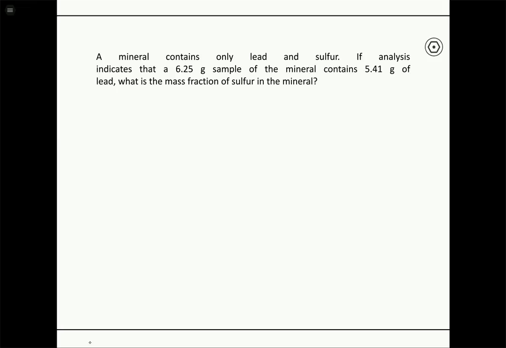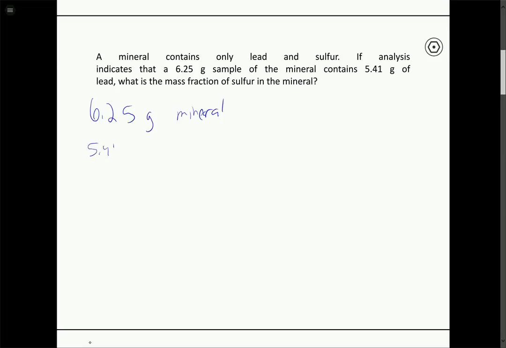To remind ourselves where we're starting, we have 6.25 grams of the mineral. We know that there are 5.41 grams of lead, which has the chemical symbol Pb, not that it matters here. And if it only contains lead and sulfur, that means the rest of the mass has to be sulfur.